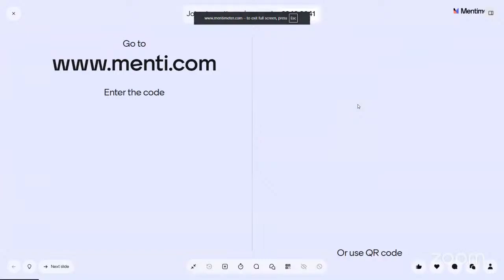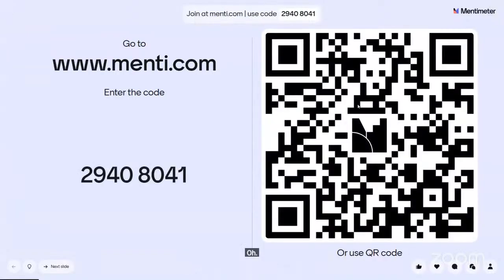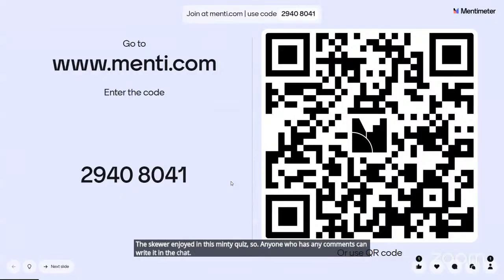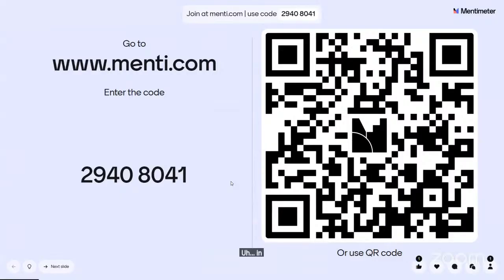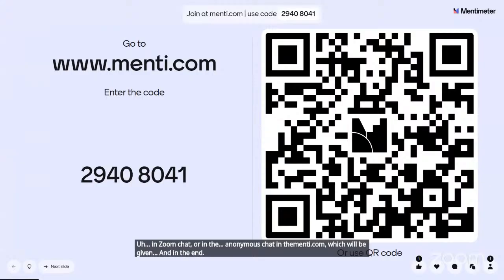Similar to the last time, please scan this QR and join this Mentimeter quiz. So anyone who has any comments can write it in the Zoom chat or in the anonymous chat in menti.com, which will be given in the end, so you can write your comments and questions so I can get your questions.